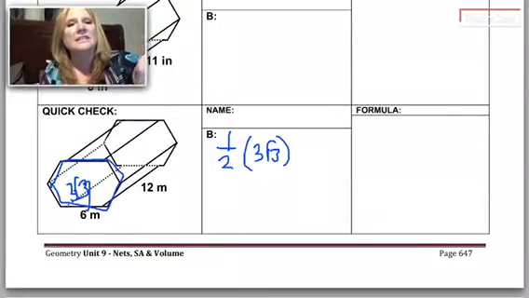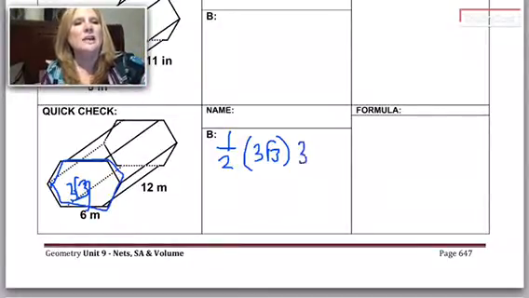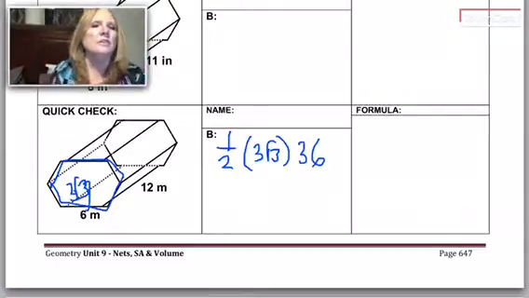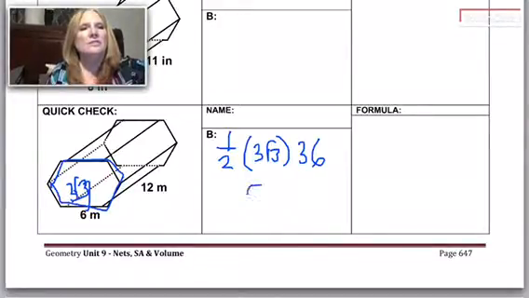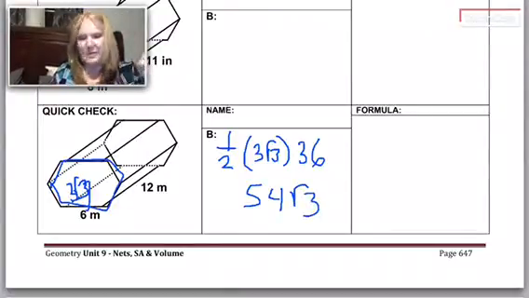Each side is 6, and there's 6 of them, so that is 36. So we have 36 times 3 times 1/2, and that is going to be 54 to the square root of 3.